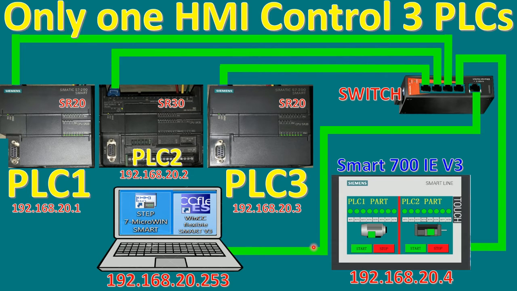And the concept is we can separate the pages of the HMI, and I will show step by step how to create the connection. If we would like to control from the HMI to PLC 1, we can use the connection for PLC 1.